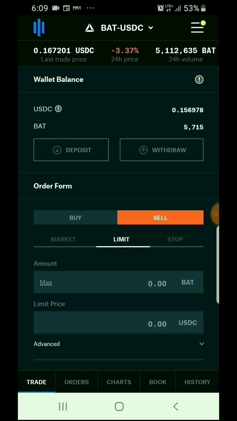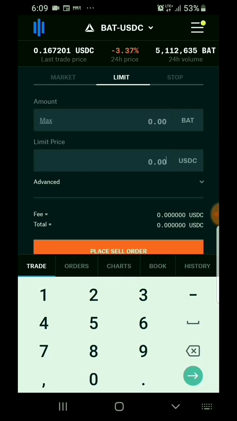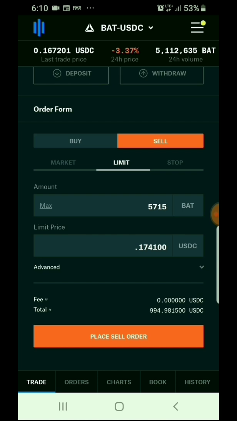I'm going to put in 0.174,100. I think that's what it said. And I hit max, which automatically gives me the maximum amount of tokens I can sell.